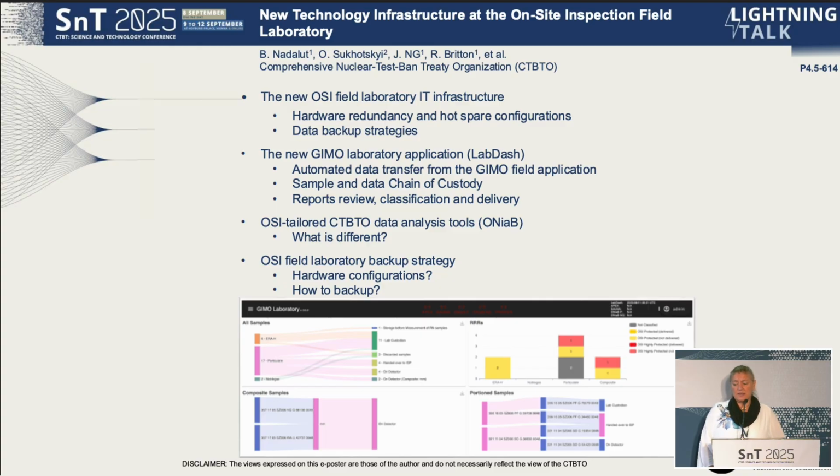It has undergone a complete restructuring, with now some hardware redundancy and host-pair configurations implemented, as well as an enhanced robust backup strategy with redundancy.